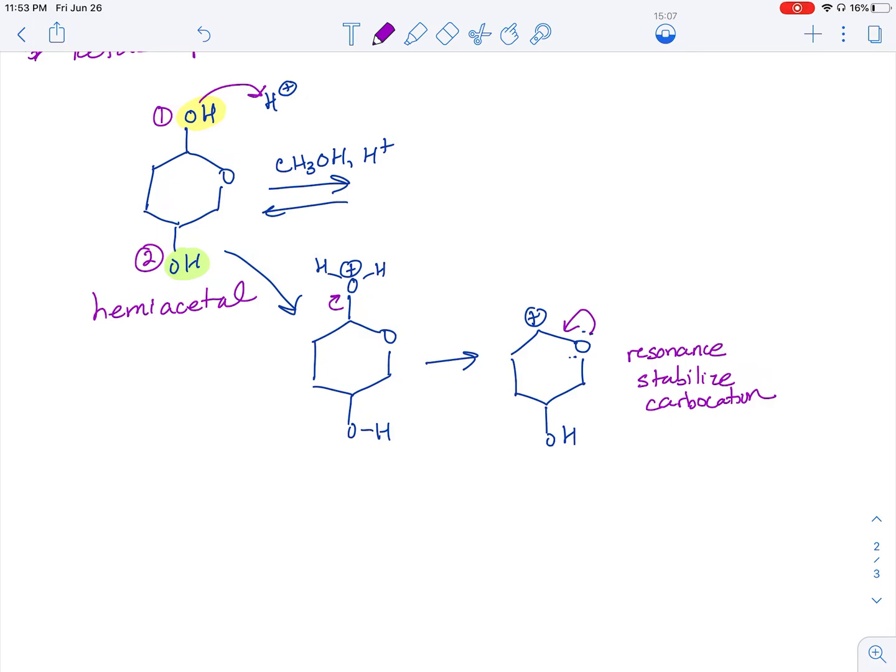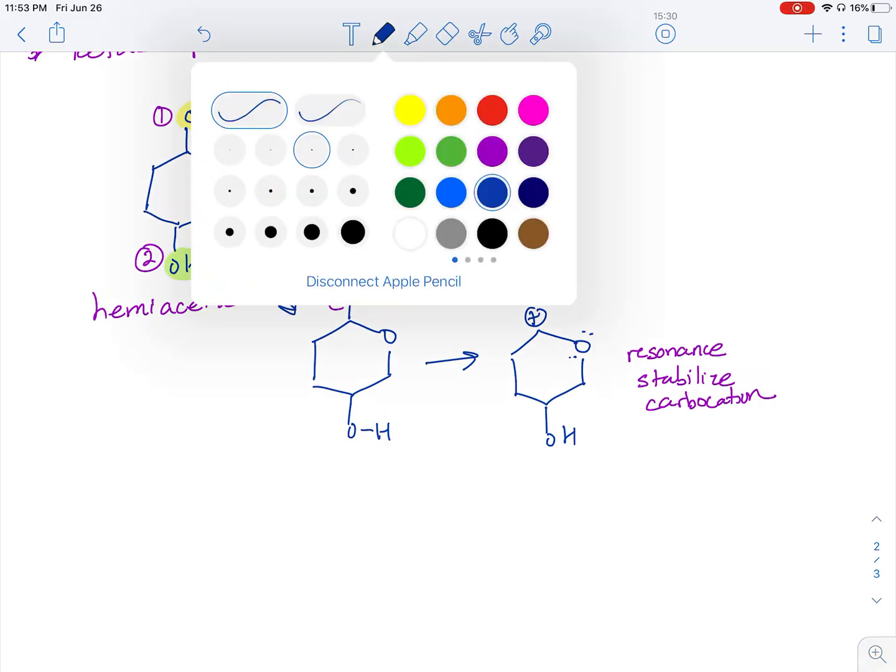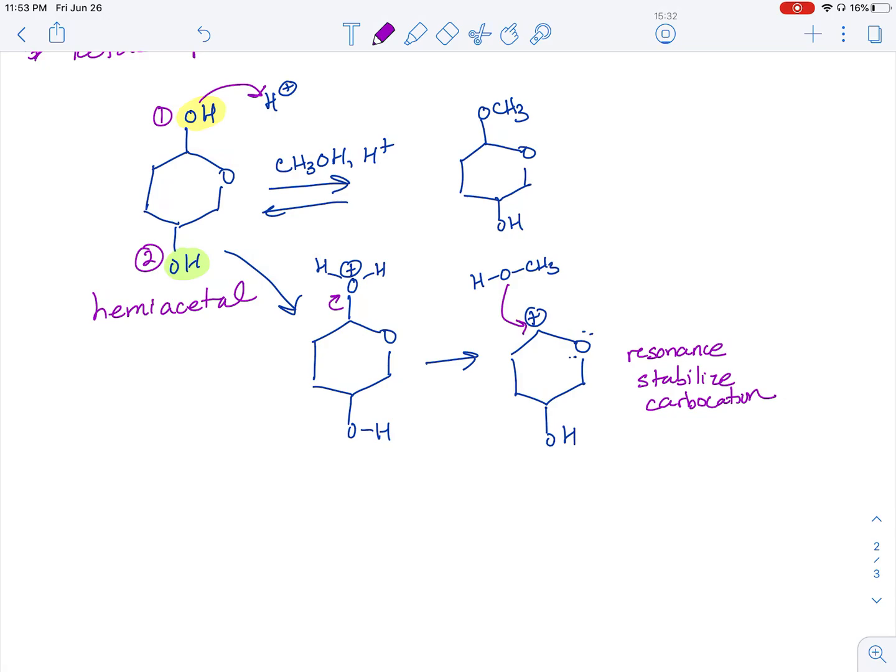So ultimately, when we finish the reaction mechanism, the product that we end up generating is going to be with an OCH3 at that position, right? So that's going to be the product we end up generating, because we would see that the alcohol is going to come and attack here. Right, it's going to come and attack here, and then we go through a deprotonation step.